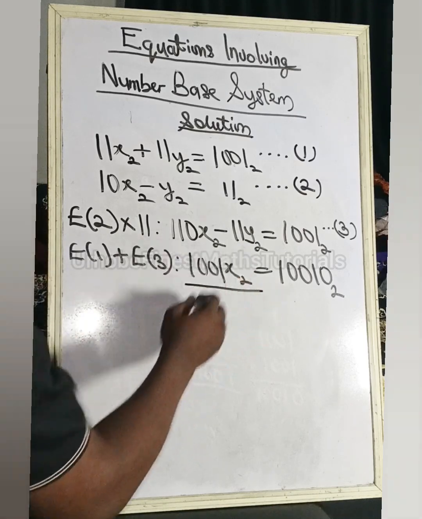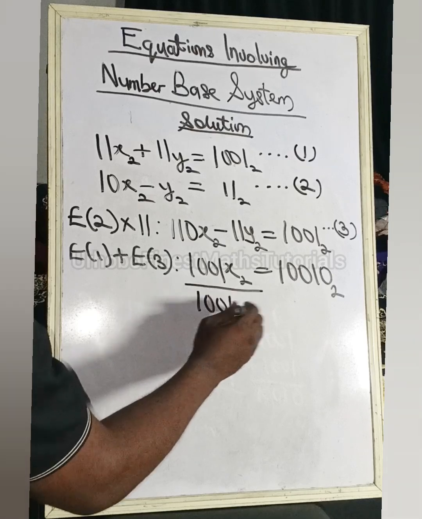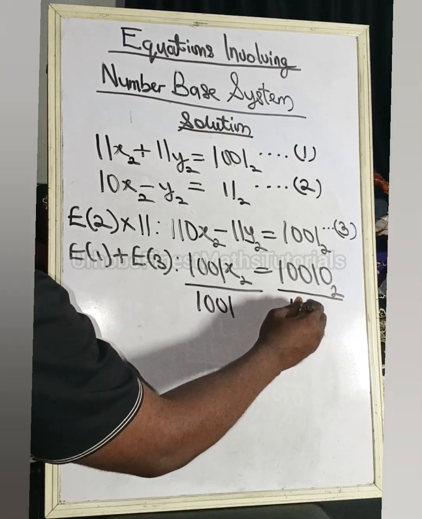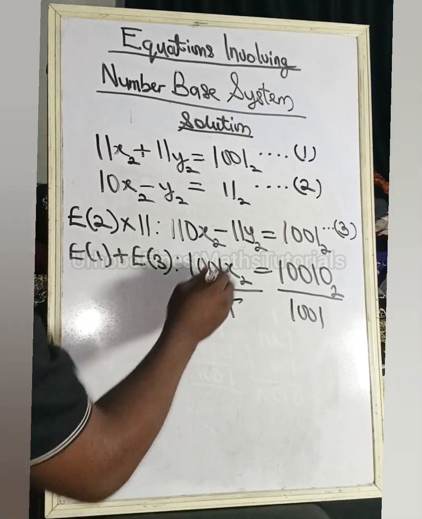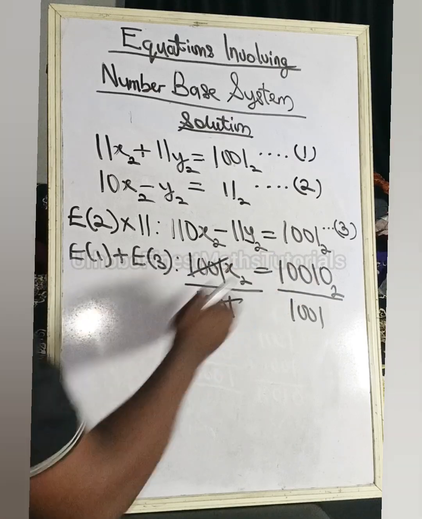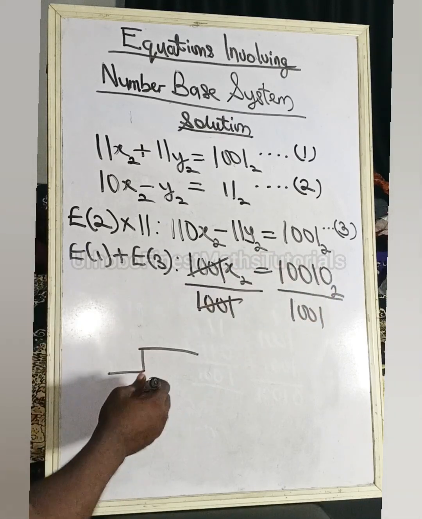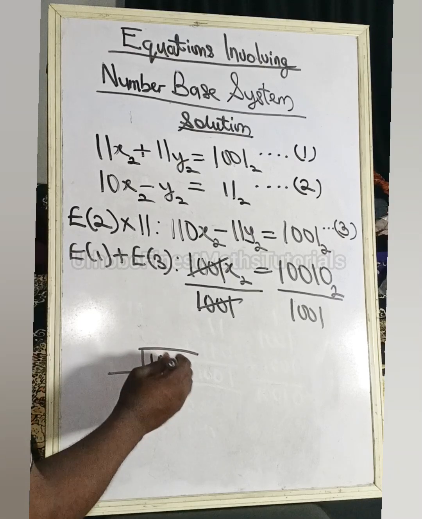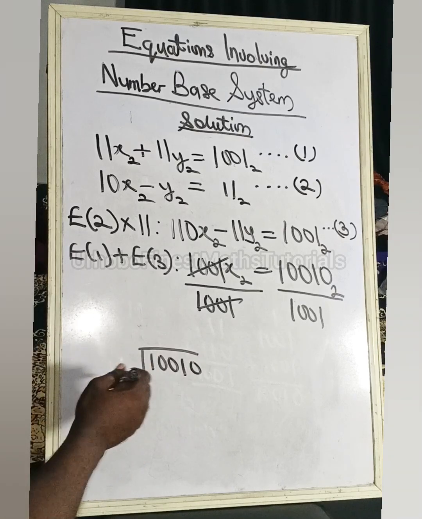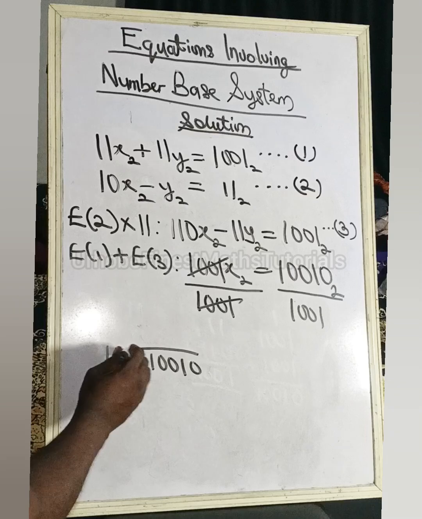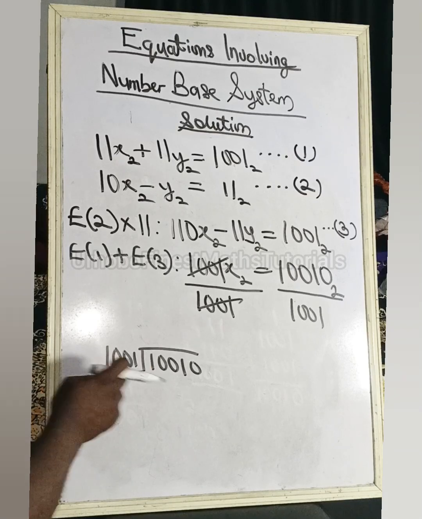the coefficient of x, which is 1001. Divide it also by 1001. So this and this will cancel out. Then for this one, you come to your rough work here. Let's apply long division. You put what you have on top inside, 10010. Okay, 1001. All right. This will go into here.